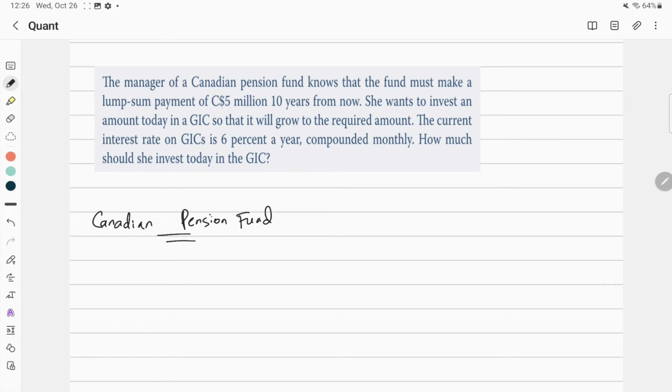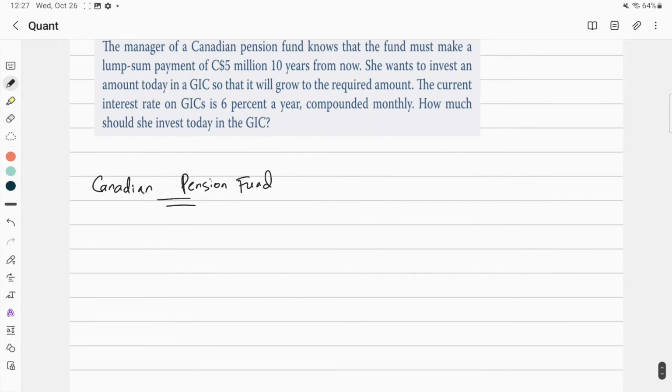And this Canadian pension fund is required to make a lump sum payment, or a one-time payment, of 5 million Canadian dollars 10 years from now. So we have our time. I usually write time here, but if we're talking about years, I can write year, and that's very intuitive.